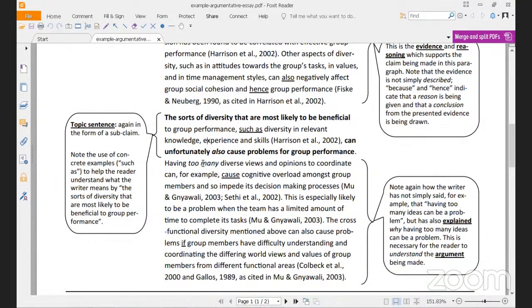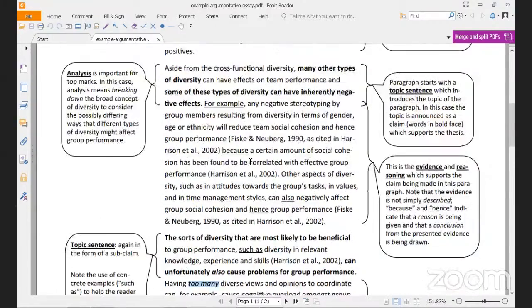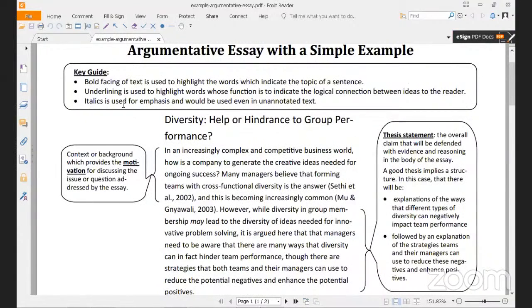And then we have some italics. Too many. What do we say about italics? Is used for emphasis and would be used even in unannotated text. Unannotated means that you're not making a quote. You're not using a direct quote.